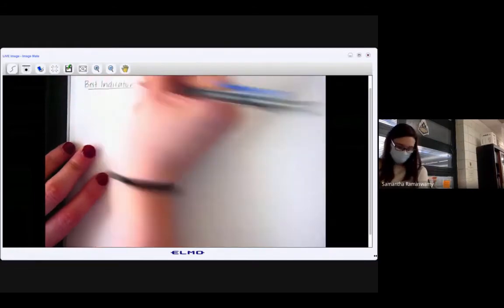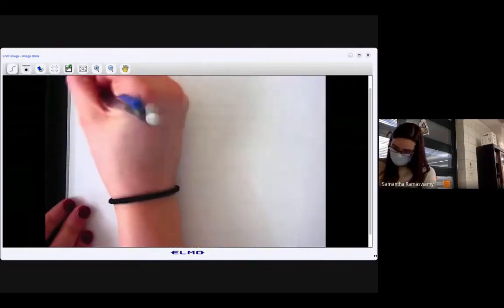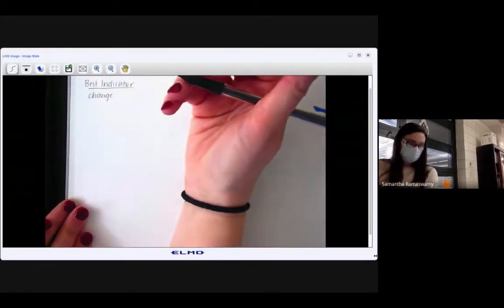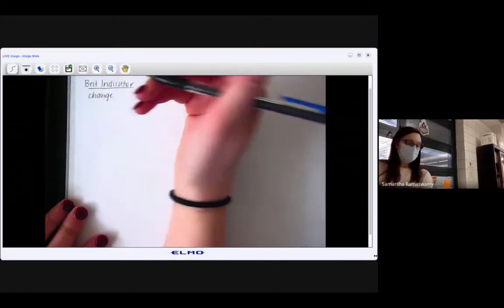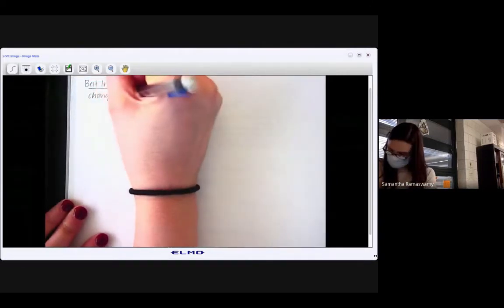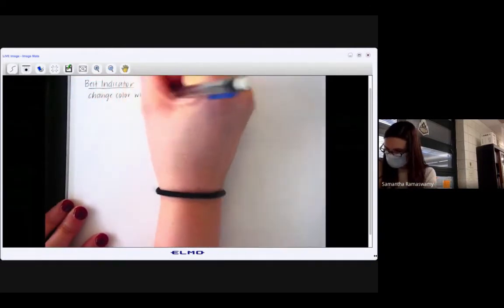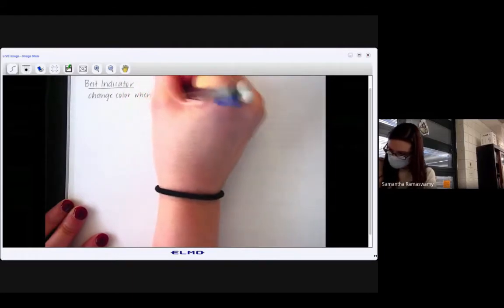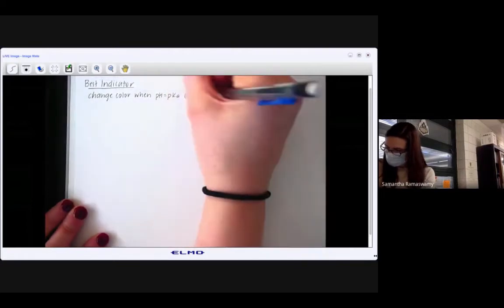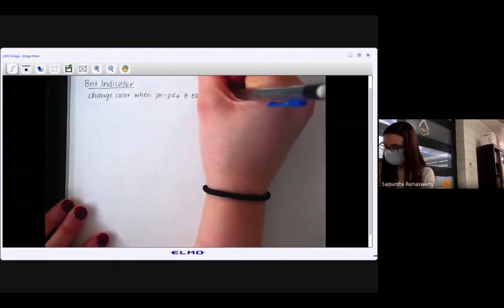So just to review indicators, remember that we want the indicator to change color when pH equals pKa of the indicator. So change color when pH equals pKa at equivalence point.